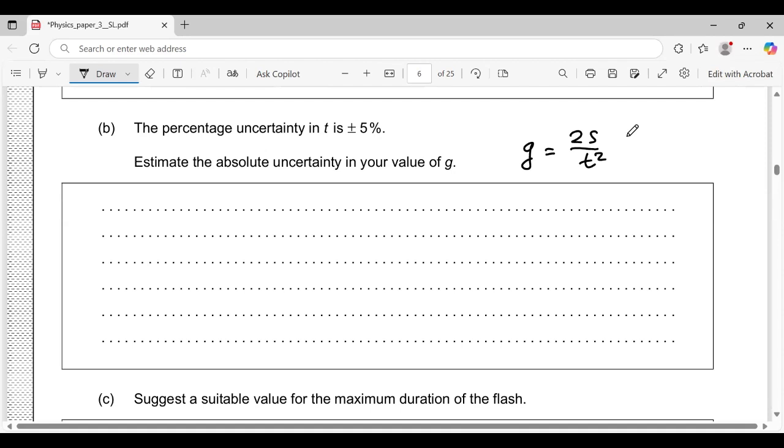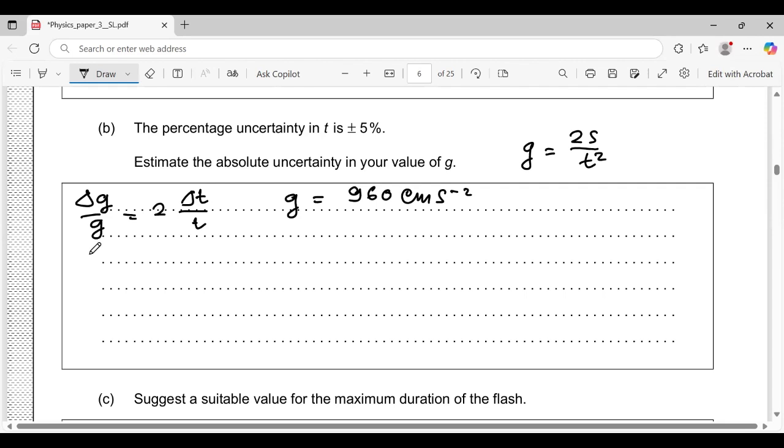The uncertainty in g depends on the uncertainty in T. So we can use the uncertainty propagation formula: delta g over g equals 2 times delta T over T. From part A, g equals 960 centimeters per second squared.